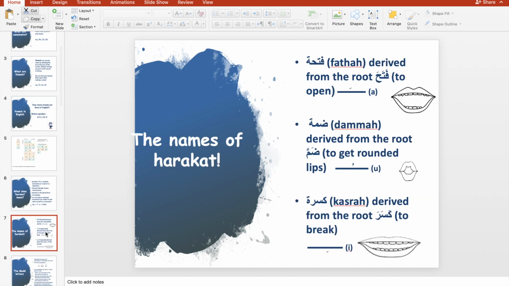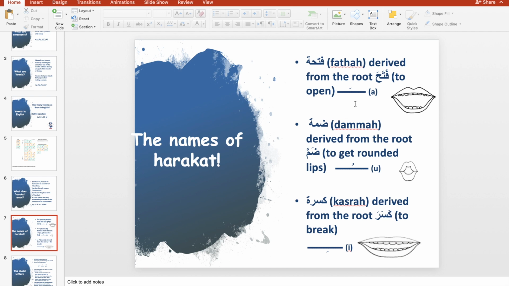The individual names of those harakats are Fatha, Dhamma, and Kasra. Fatha comes from the root fataha, which means to open. It tells you what movement you should make. It tells you open your mouth to form a, exactly as this picture shows.